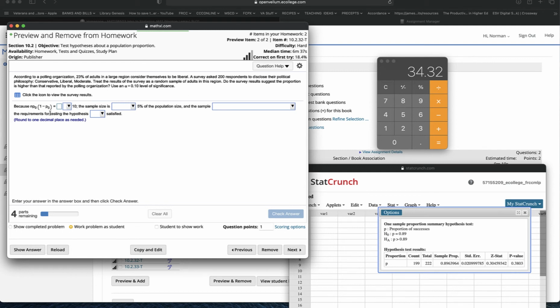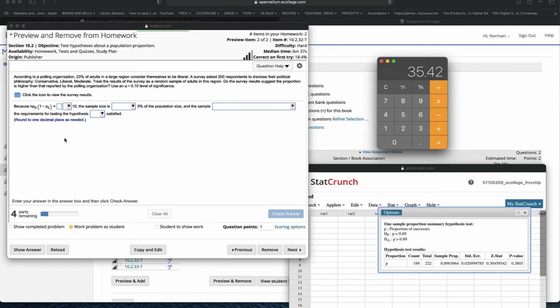All right, so here we do our check. So here we get n, which is 200, times 0.23, times, and I believe this is going to be 1 minus 0.23, which is 0.77.